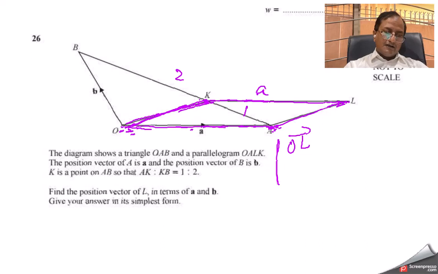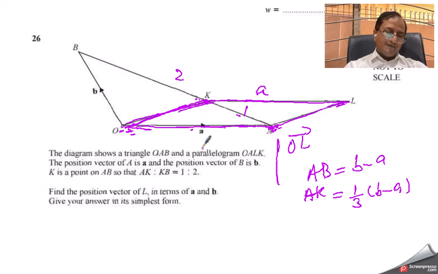We find AB, which equals b minus a. AK equals 1/3 of b minus a. Then we find AL.